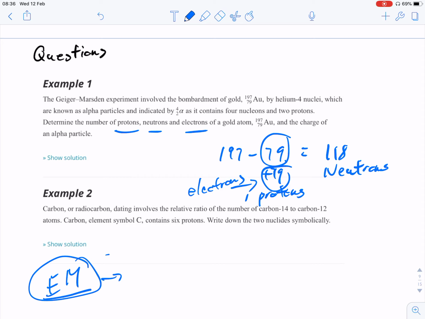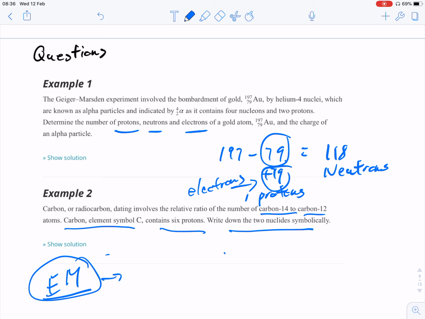Okay, let's see here. Radiocarbon dating involves the relative ratio of the number of carbon-14 to carbon-12. Carbon contains 6 protons. Write down 2 nuclide symbols.